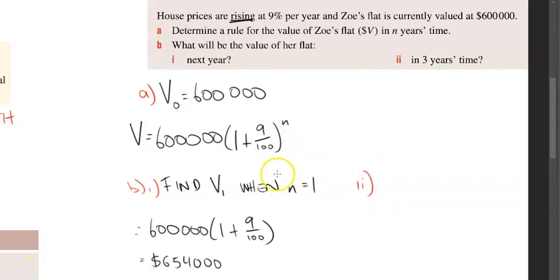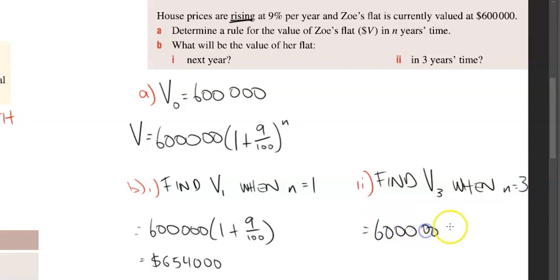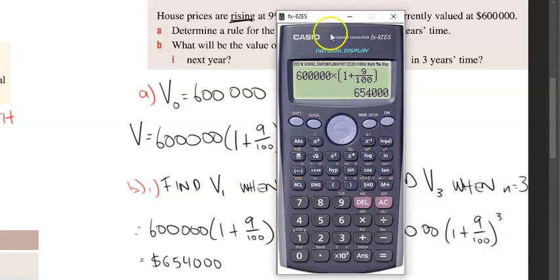So in this case, we're going to find V of 3, because 3 years, when n is equal to 3. So this is going to be the same formula, 1 plus 9 over 100, but this time the power is 3.